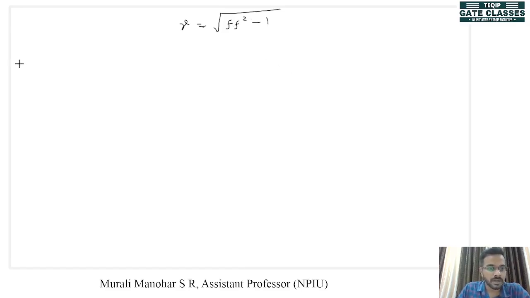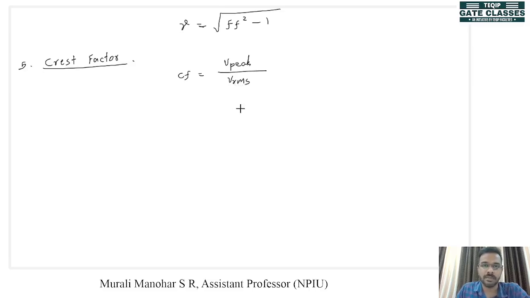Now our fifth performance parameter is called crest factor. Crest factor CF is equal to V peak divided by VRMS, the peak value of the signal divided by the RMS value of the signal.